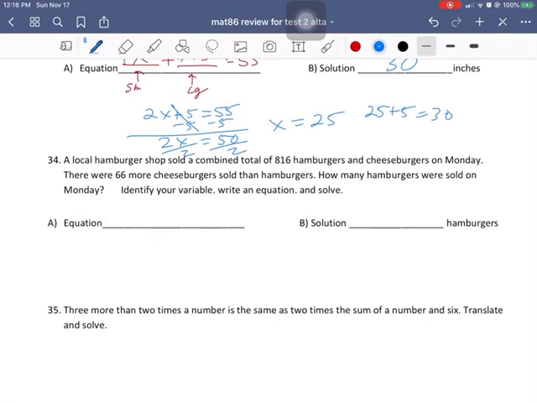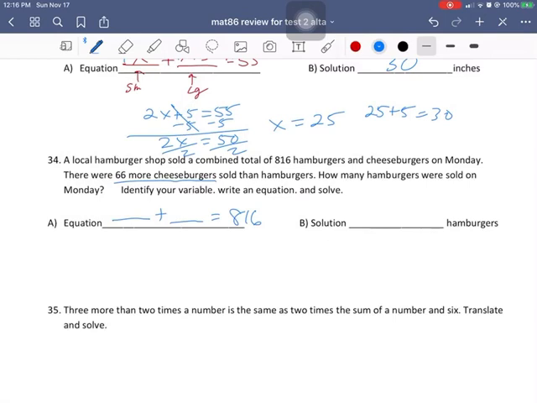A hamburger shop sold a combined total of 816 hamburgers and cheeseburgers. There were 66 more cheeseburgers than hamburgers. So which one's the smaller amount? That means I have the number of hamburgers and the number of cheeseburgers, and together they make 816.